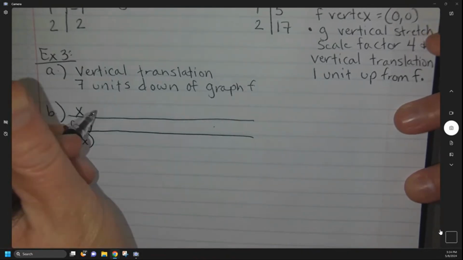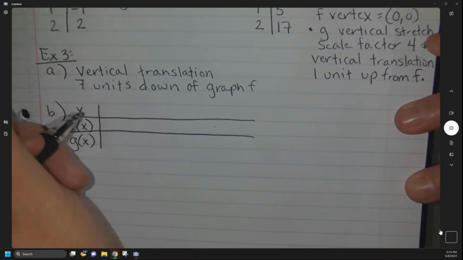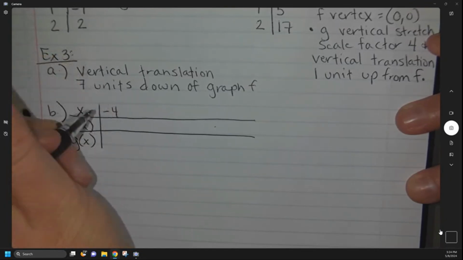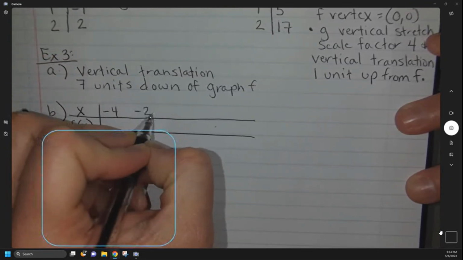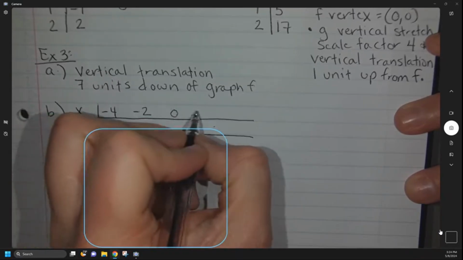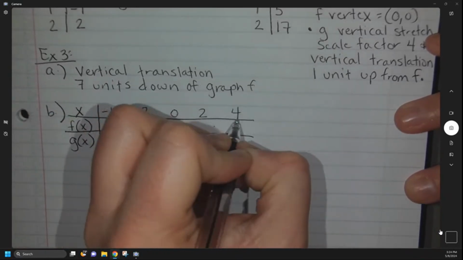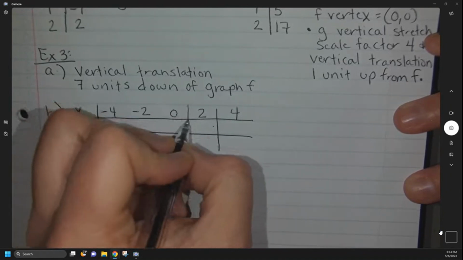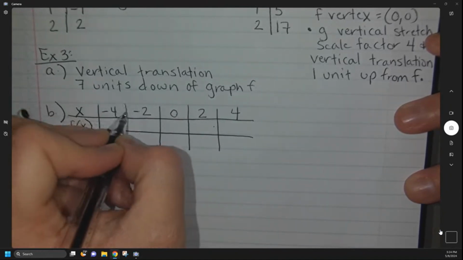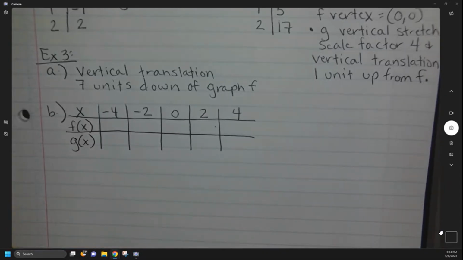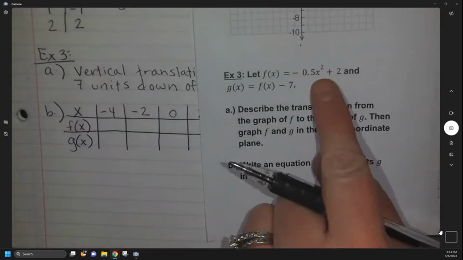All right, and I am going to use the numbers -4, -2, 0, 2, and 4. So I'm going to start with the function f of x. So I've got f of x here, right?